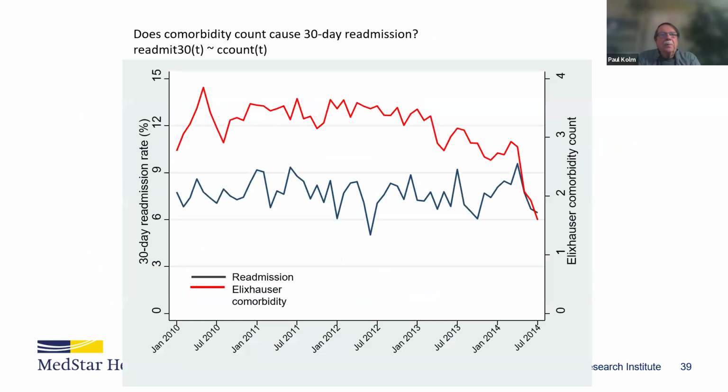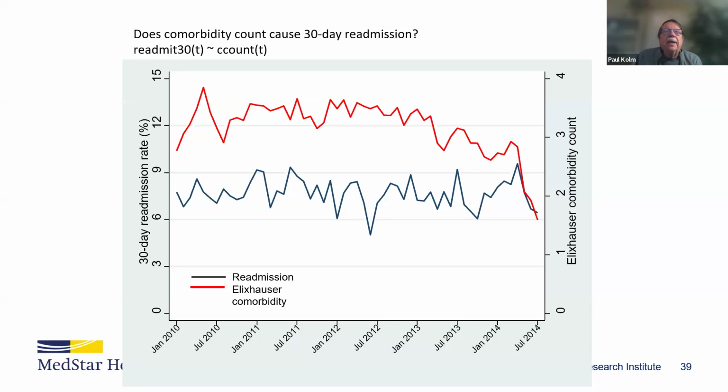So here's then an example from our 30-day readmissions looking at comorbidity. And so what I've plotted here is the readmission rate as before, and then overlaid on that is the comorbidities count. This is the Elixhauser comorbidity count.